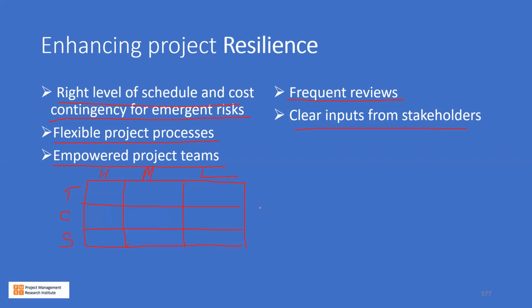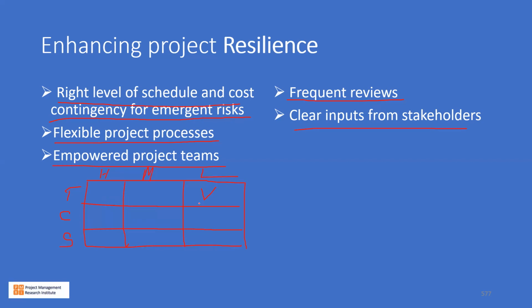So if this agreement is obtained between the project manager and the other high power, high interest stakeholders, then time, is it highly flexible or moderately flexible or least flexible? For some projects, the time can be very important. So time can become least flexible. It will vary from project to project.